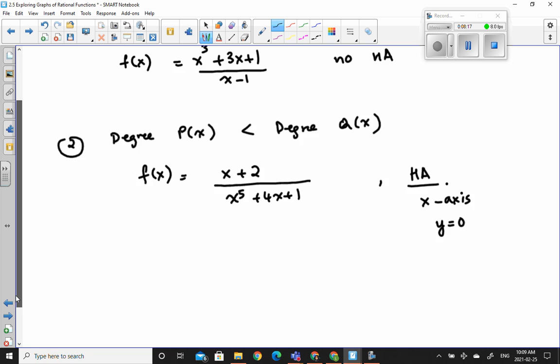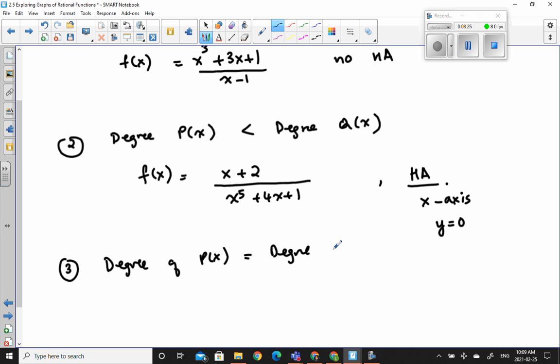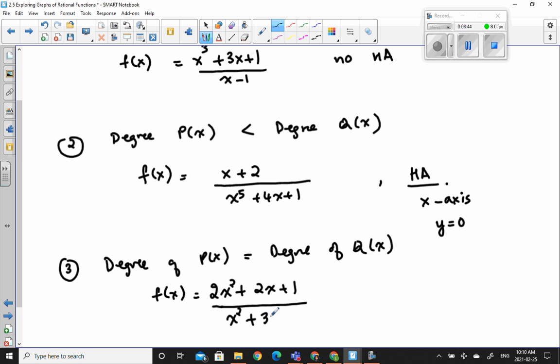Okay, and the third scenario is what if the degree of the numerator is equal to the degree of the denominator. So for example, say f of x equals 2x squared plus 2x plus 1 divided by x squared plus 3x minus 1.